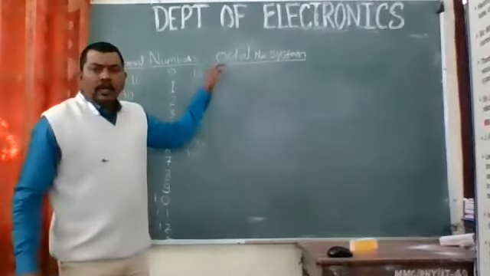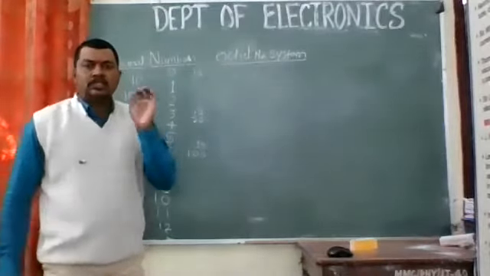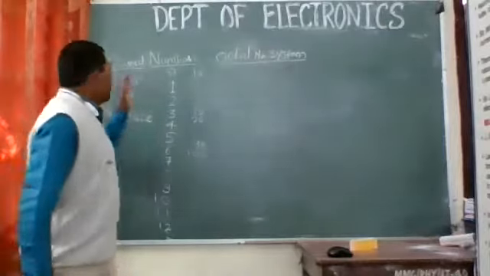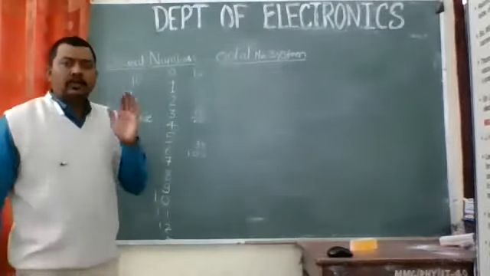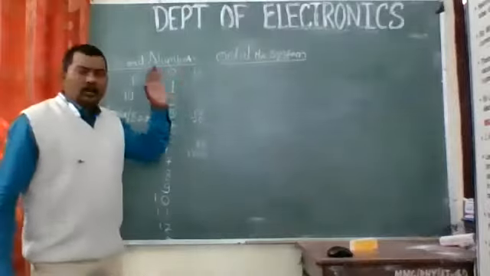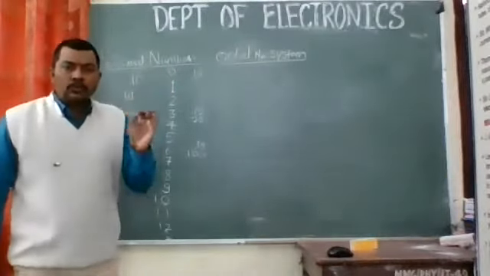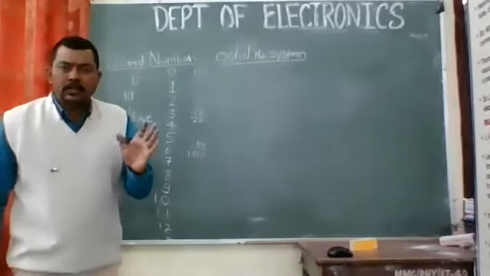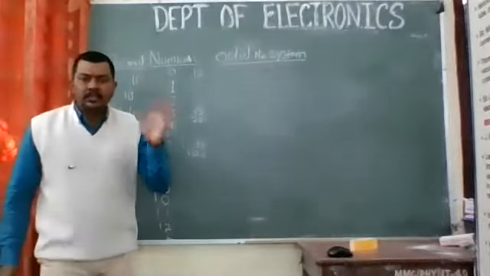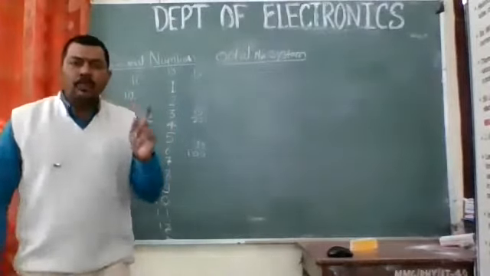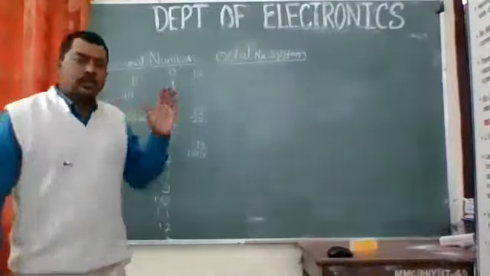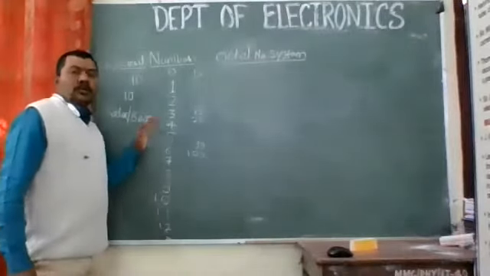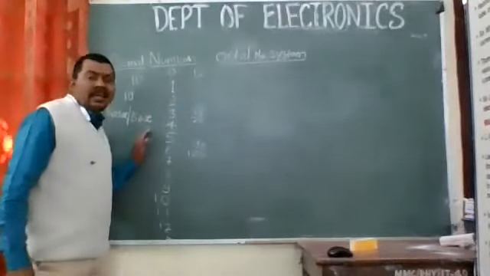Octal, as the name suggests, means 8, right? As in decimal, decimal means 10, and in octal, octal means 8. So what would be the radix or base of that system? We'll have 8 symbols, so the radix or base of the octal number system is 8.